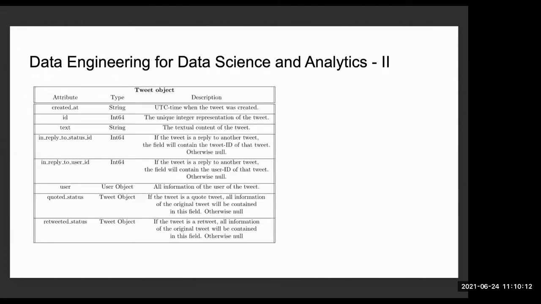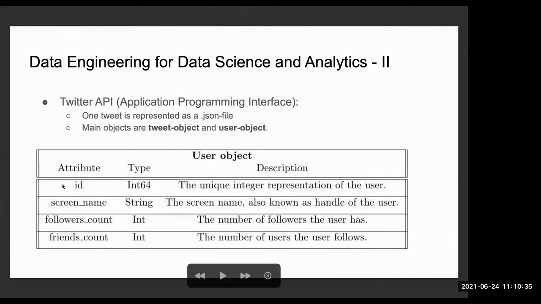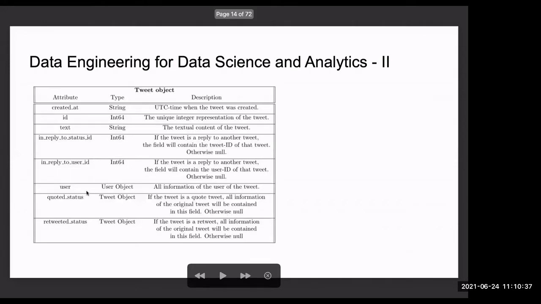And then for the tweet object, the most relevant things are that we have a timestamp, a unique ID for that tweet, and the content of the tweet in the text. In this tweet object, the user object is also included for the user of the tweet, so this points back to the user object. So we have the ID and friends, etc. And I guess for this thesis, we mostly looked at the retweet status.